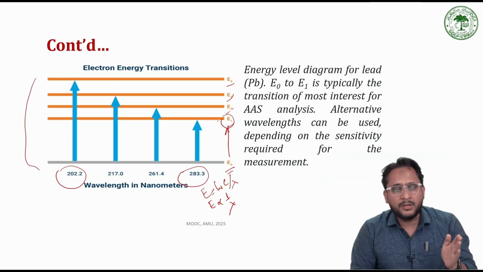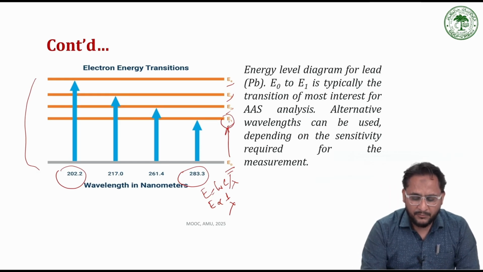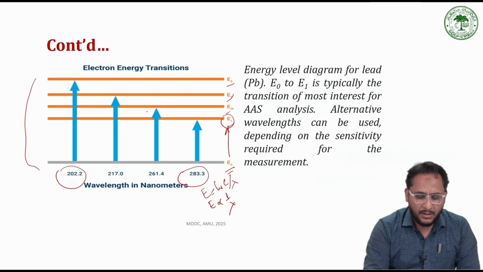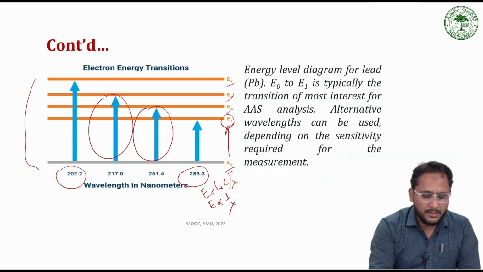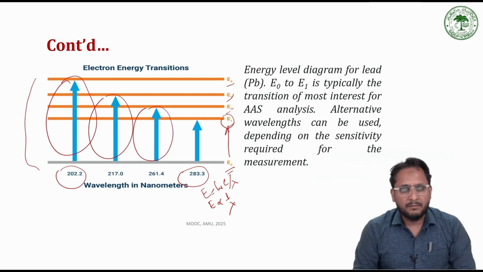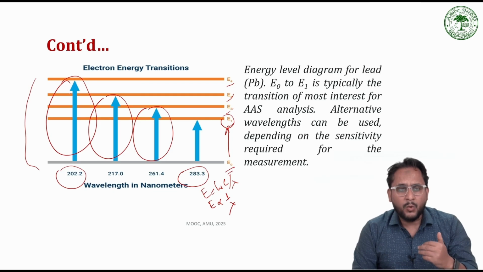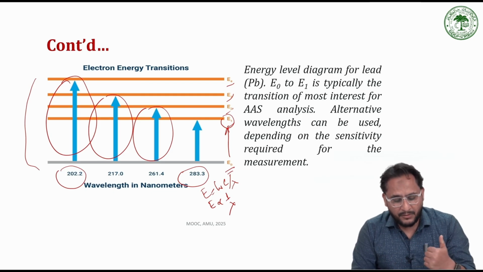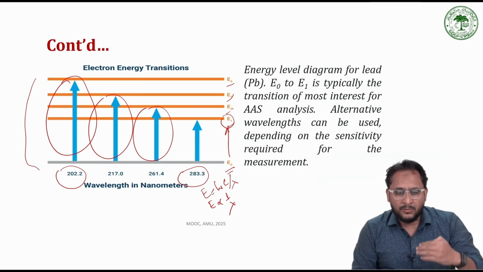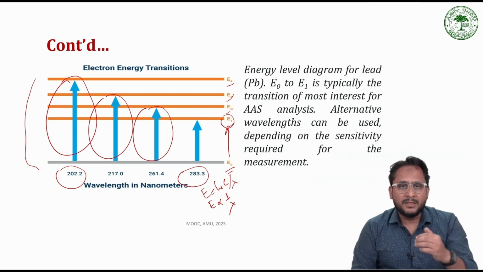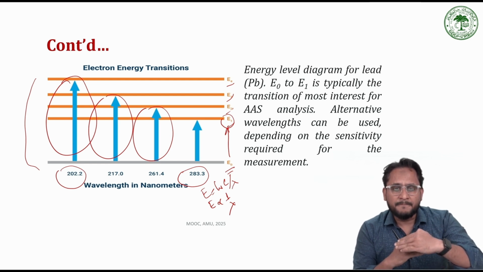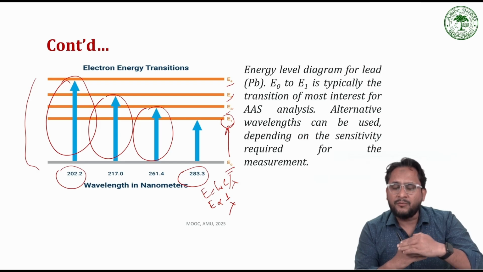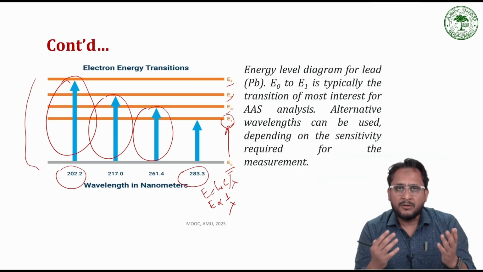As we keep on increasing the energy level from E1 to E2 and to E3, the energy requirement goes up, and since the energy requirement is going up, we need light of shorter wavelength. So, the takeaway is, the lower the energy gap, the light radiation of longer wavelength is needed for excitation.